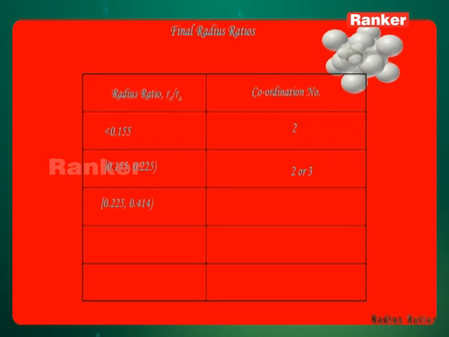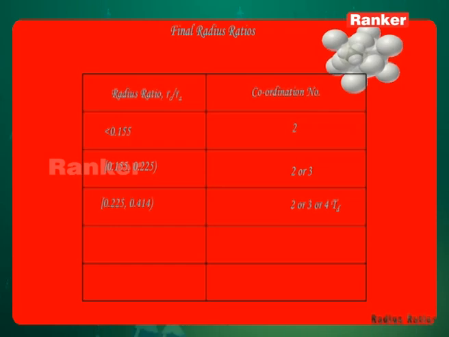Then 0.225 to 0.414, the radius ratio will be normally 4, and that is what we call tetrahedral. 3 is the one if it is just very close to 0.225. 2, even though we mentioned, but it is very difficult, 2 will not be obtained.